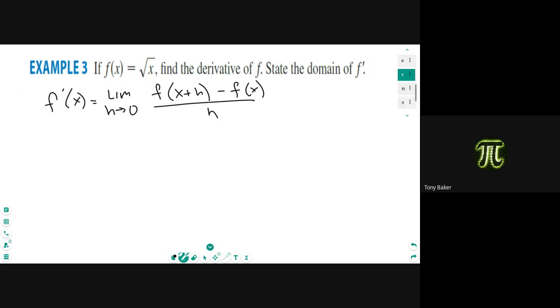No, it's fine. It's just not going to help. Because if you're going h to 0, that's still going to 0. This would work great if we were going to infinity. But since we're going to 0, those are still going to be 0 on the bottom.